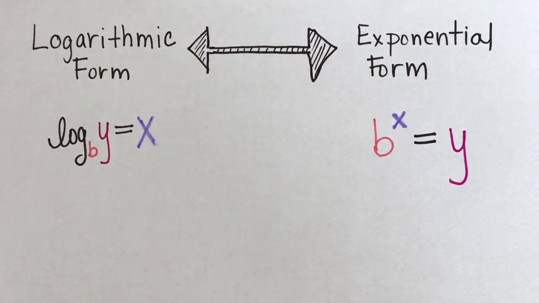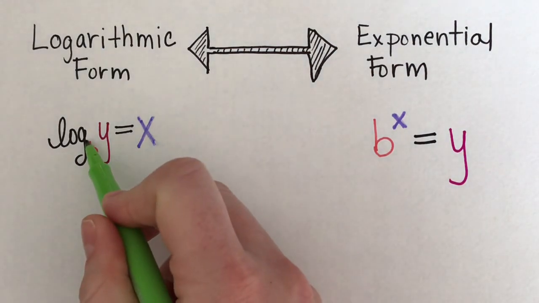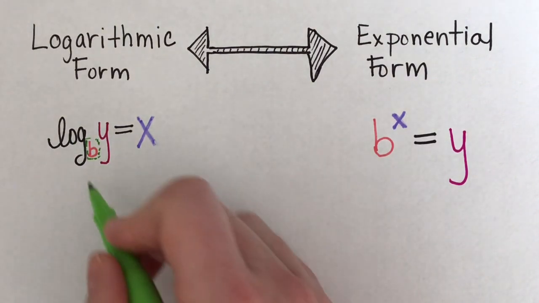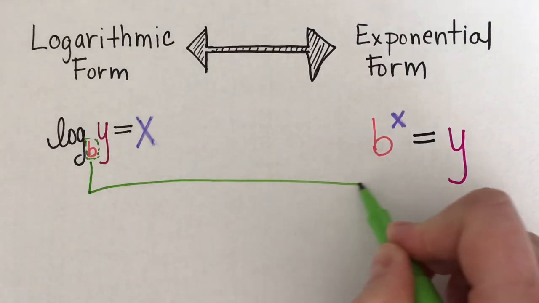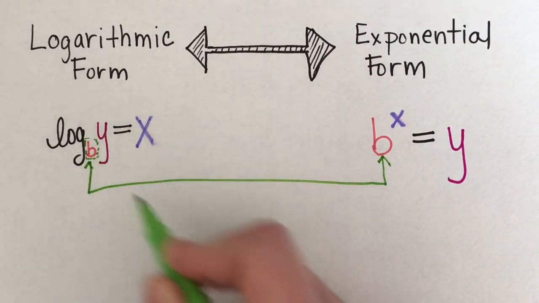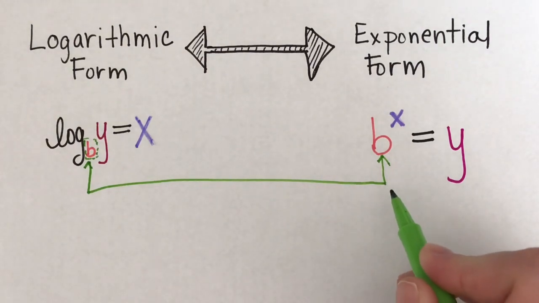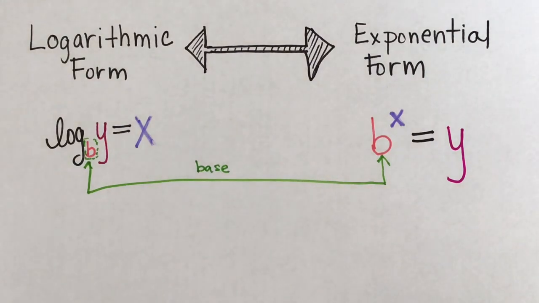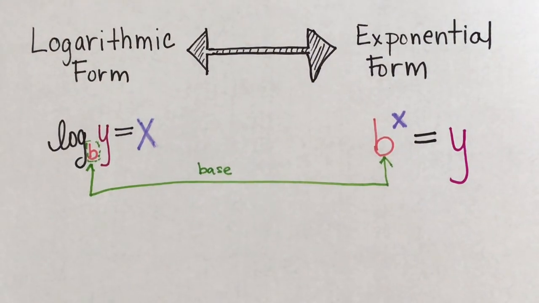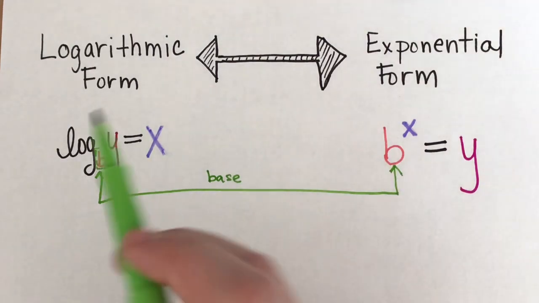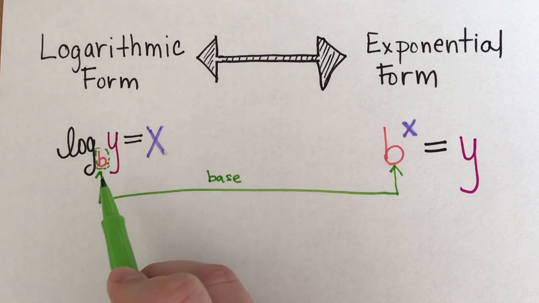Now, what we're going to see from this is that this subscript b is the base of your logarithm and this is the base of your exponent. When we're going back and forth between the two, they're both bases. It's the same base. So the base of the log is the base of the exponent, and the base of the exponent is the base of the log.